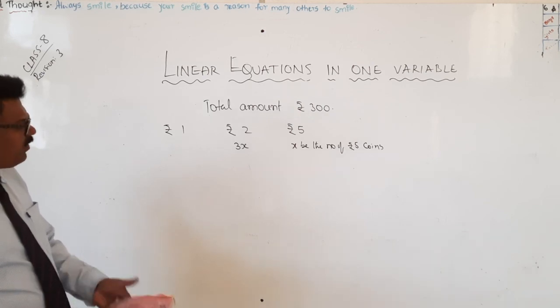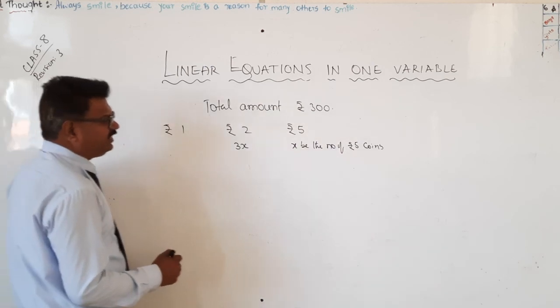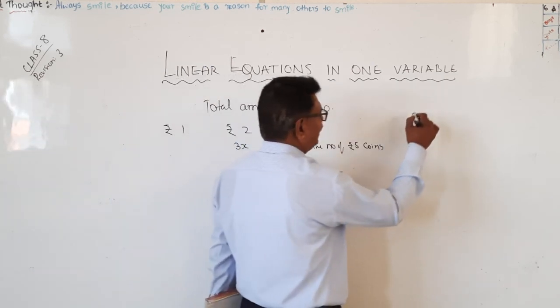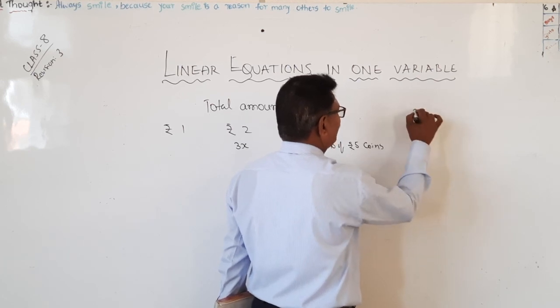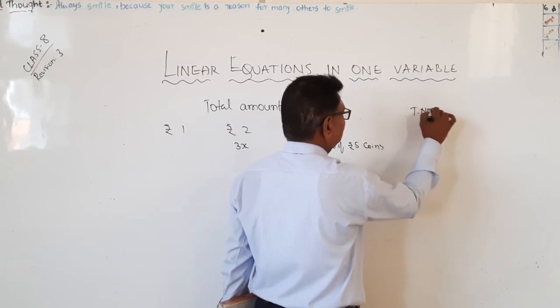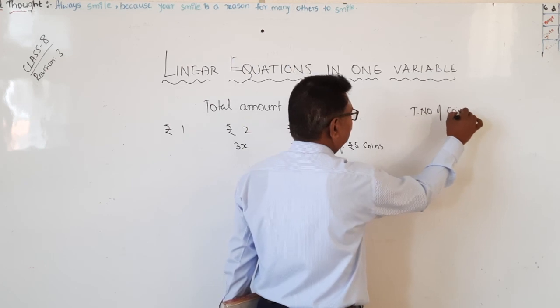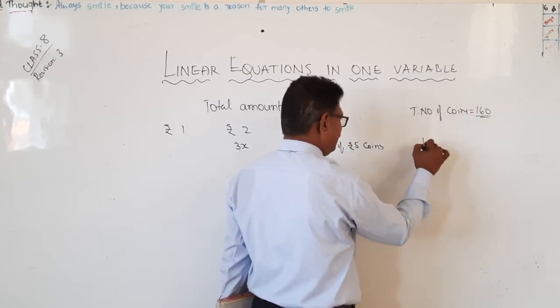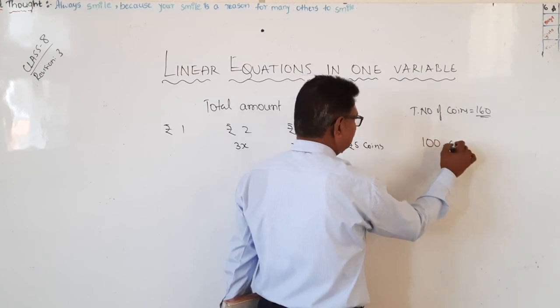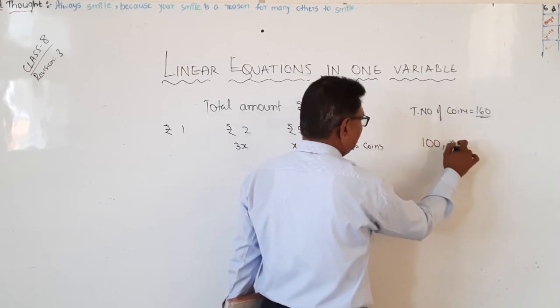The total number of coins is 160. A small example I will tell. Total number of coins 160. In this 160, 100 gone and 40 gone.